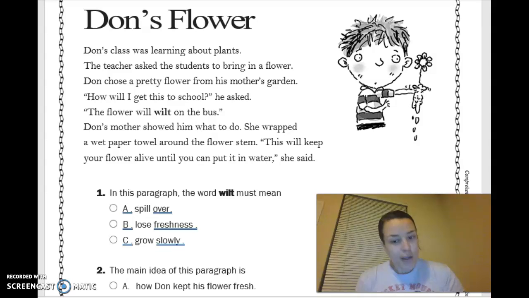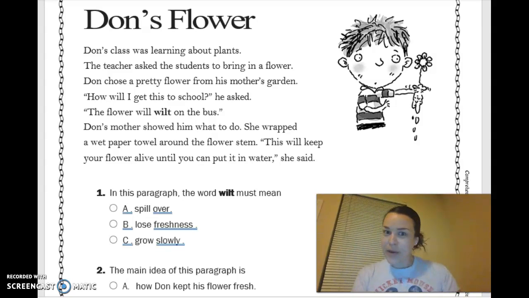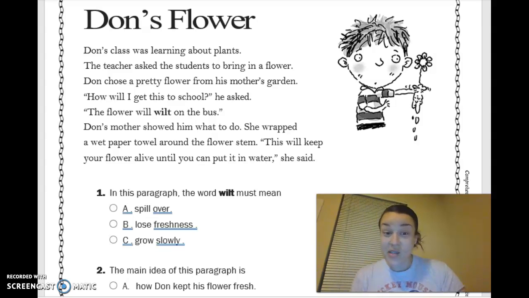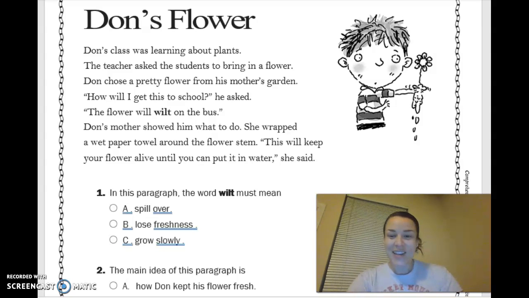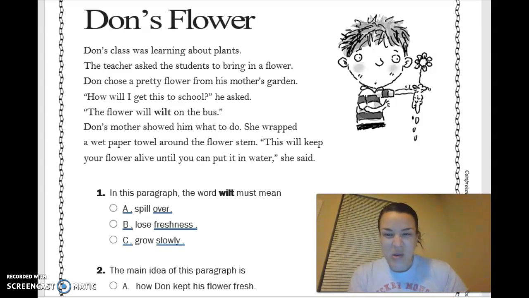So, they're talking about a flower, a little boy named Dawn. It sounds like he's taking his flower on the bus to school with him. And he's having a little problem with this flower. So if you just look at the picture of Dawn, can everybody put your finger on the picture of Dawn? Look at the flower that he's holding. What does it look like?